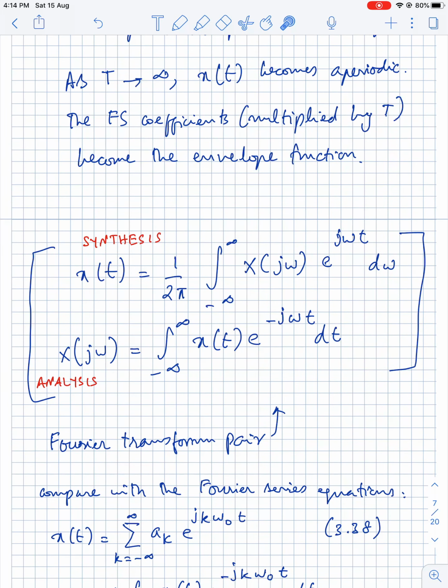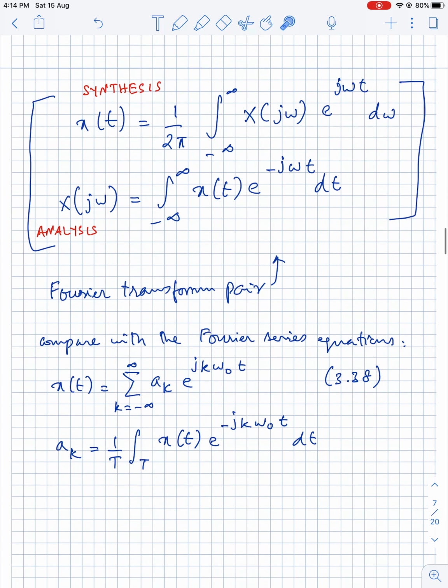Just like in the Fourier series, we have two expressions, the synthesis equation and the analysis equation, where the synthesis equation gives the expression of x of t in terms of the Fourier coefficients, and the analysis equation gives the Fourier transform by doing this operation on x of t.